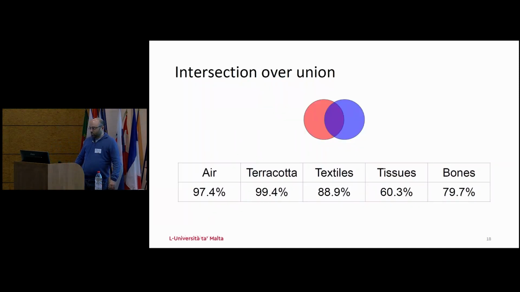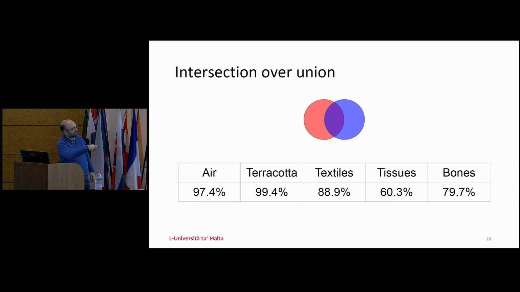Now, if we want to quantify that in terms of numbers, how well it's doing, we can take what the manually labeled part of a bone is, for example, and what the computer is labeling as a bone, and divide the area of the intersection by the area of the union, right? And that gives you a measure of overlap as a percentage. If it's 100%, that means that's a perfect fit.